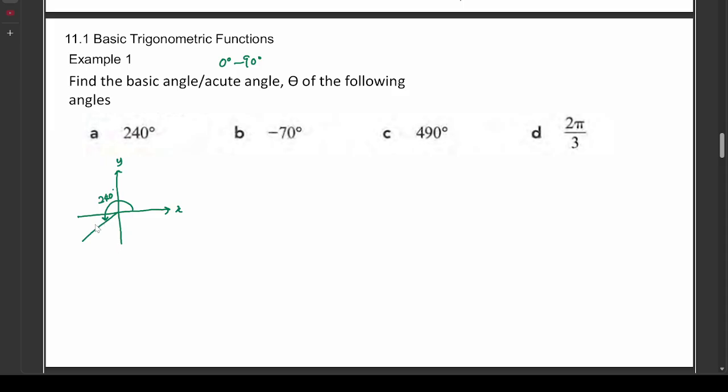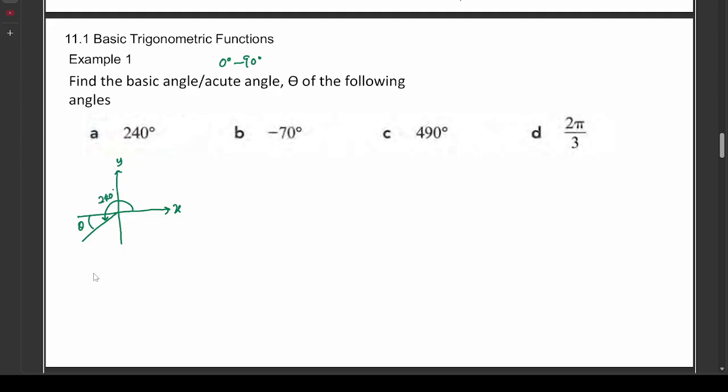Now, the basic angle is measured from the x-axis, that's what we learned. So the basic angle would be here. They use the symbol theta, so we just put a theta like this. How do I find theta?